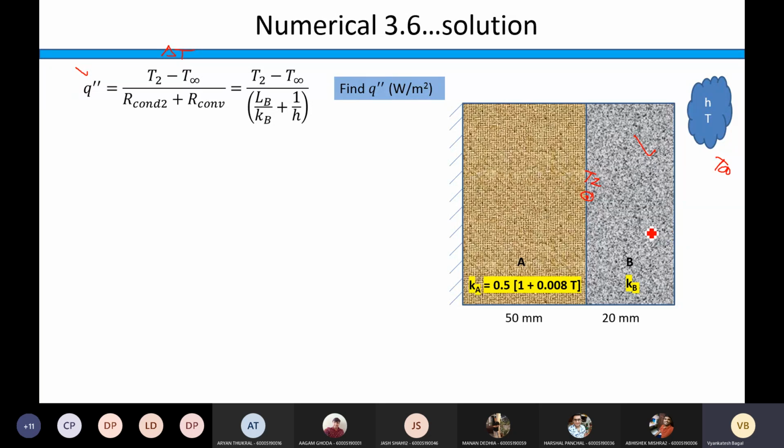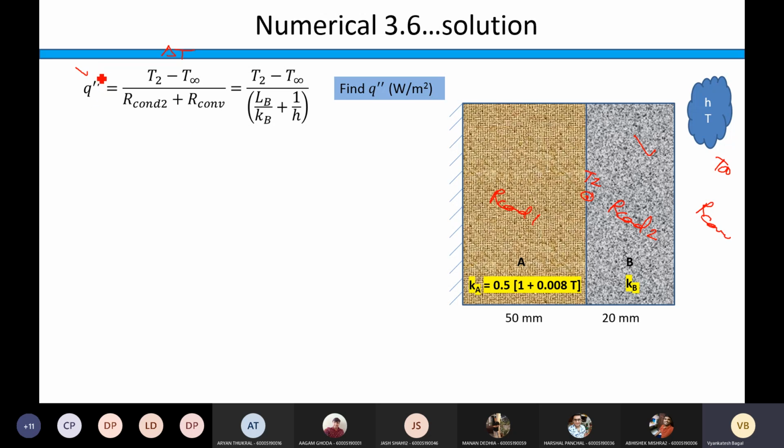So I have two resistances in series: conduction resistance of slab B plus convection resistance. If I call R conduction 1 for this, this will be R conduction 2, and this is R convection, right? So I can write T2 minus T infinity upon R conduction 2 plus R convection, this one, right?